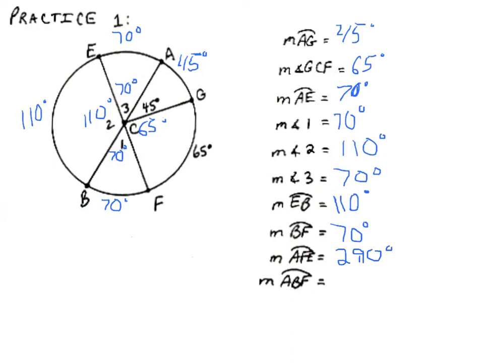Remember that trick, really helpful as opposed to adding up every single arc all the way around. Last one, ABF. Well, another easy way of doing it. A to B is 180 degrees, right? Halfway around. Add this 70 to that and you get 250.